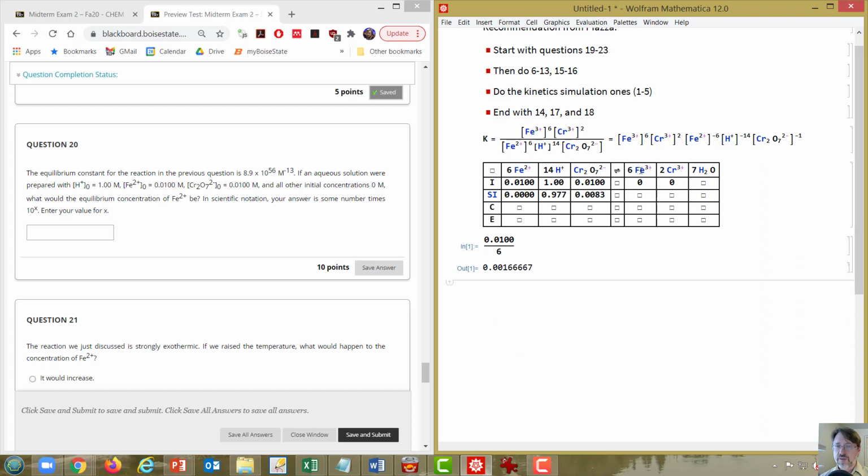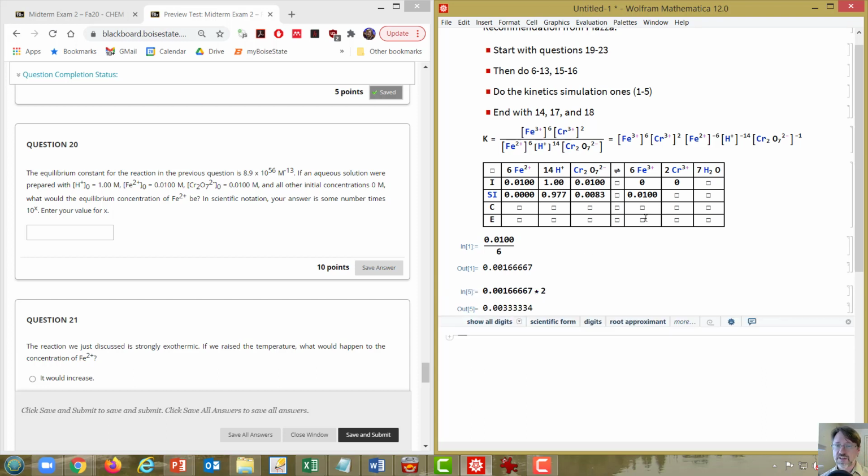We now need to know the iron and the chromium on the right-hand side. The iron is going to be the same as the iron on this side, so that's going to be 0.0100. This is now going to be twice this number, so we have 0.0016667 times 2 gives us 0.00333.